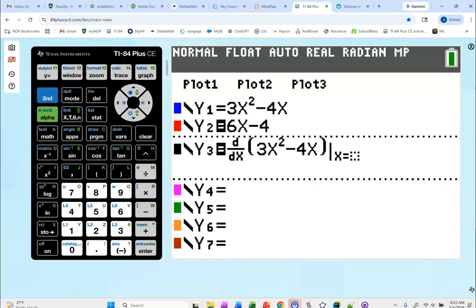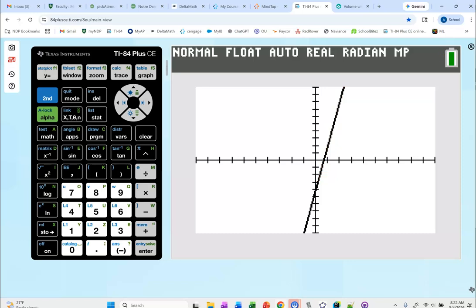And then where it says x equals, put an x there. That'll treat it as a function now because there's a variable in it. And now if I hit graph, the red line was our answer, the black line is the calculator's answer. Notice they have the exact same graph, which is good evidence that, hey, we did that right.